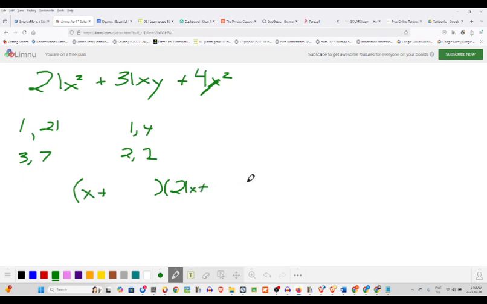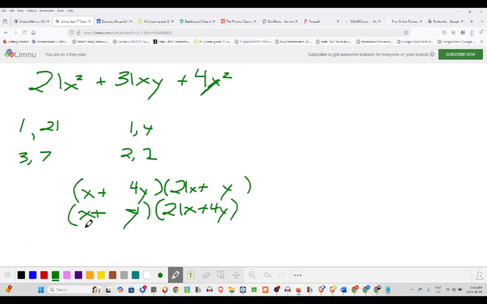So there are a few possibilities to check. If we have x and 21, then we either have a 4 and a 1, the x plus y, and 21x. Sorry, this is a web-based whiteboard.